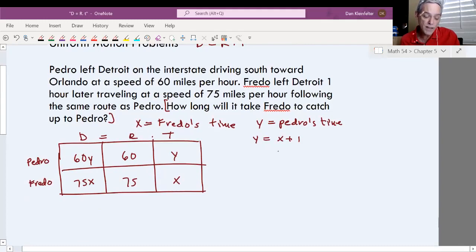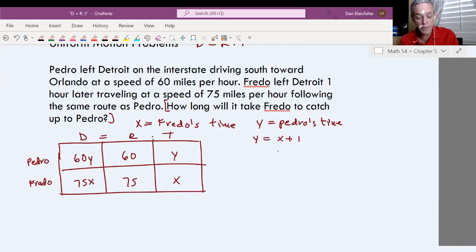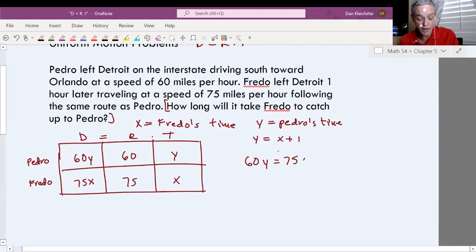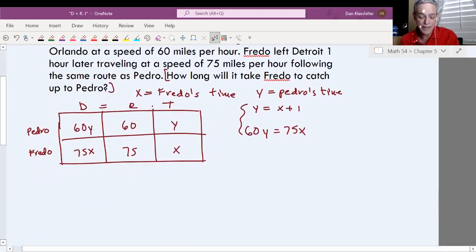So one of our equations is given by the fact that Fredo is going to catch up to Pedro. If he catches up, that implies that the distances traveled by the two people are the same. So the 60y has to equal 75x. And so finally, that's our two equations.